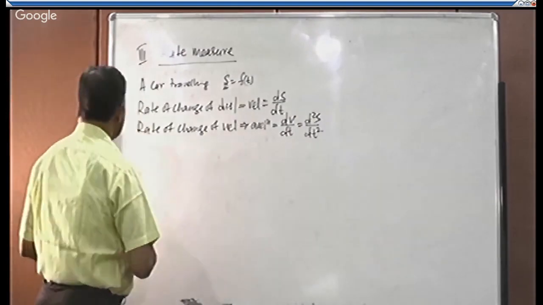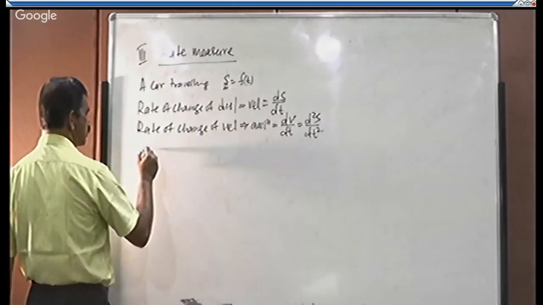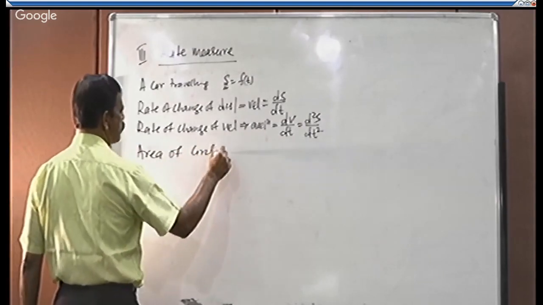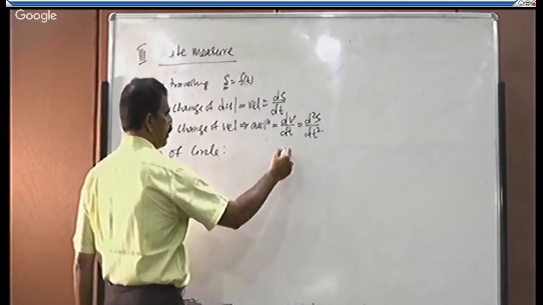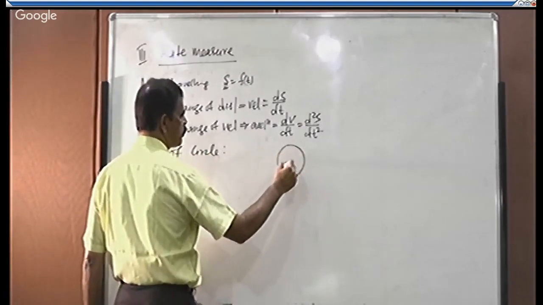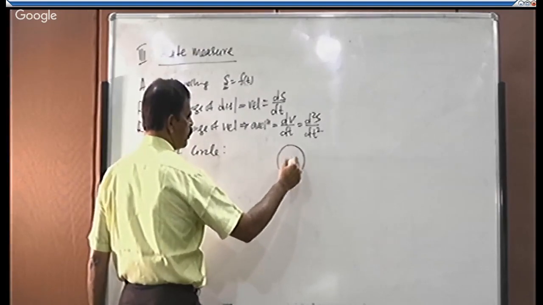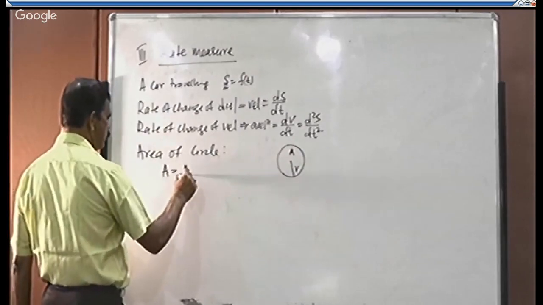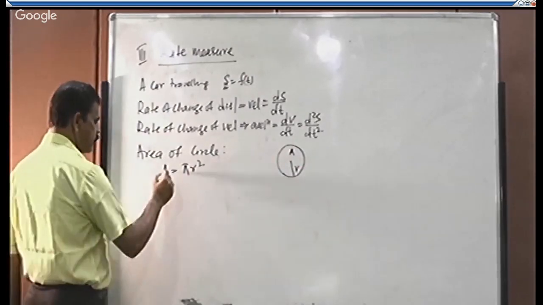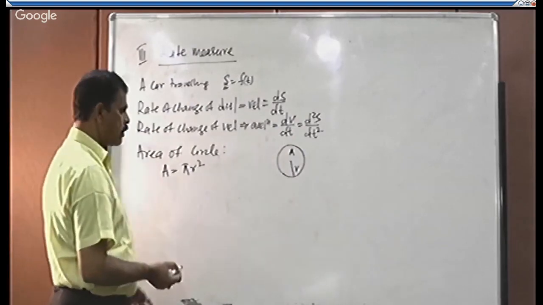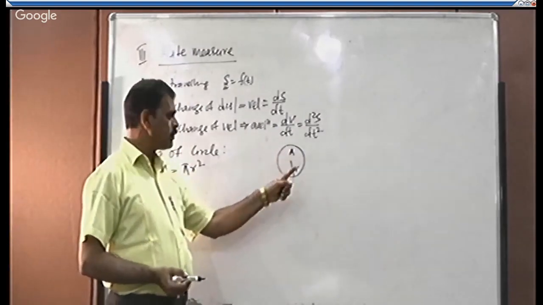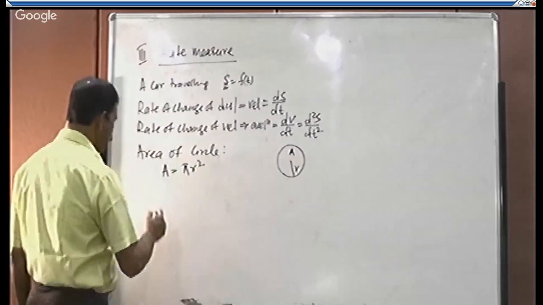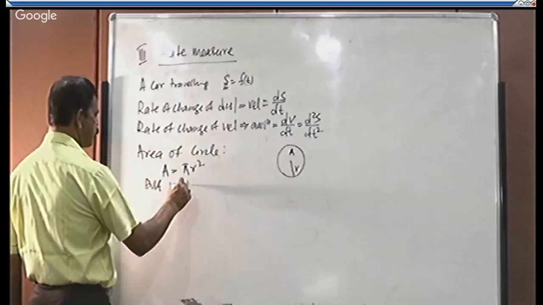Okay. Take a circle of radius r. Area of circle is A if the radius is r. Then area is equal to pi r square, correct? Differentiate it with respect to time, and I can get the variation of area as well as radius with time.